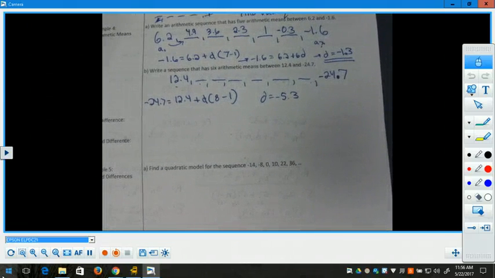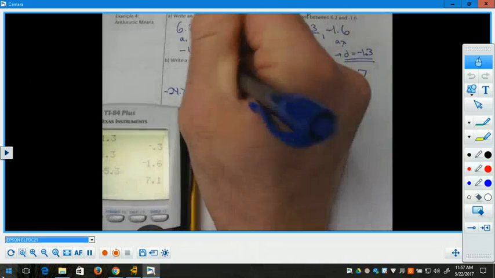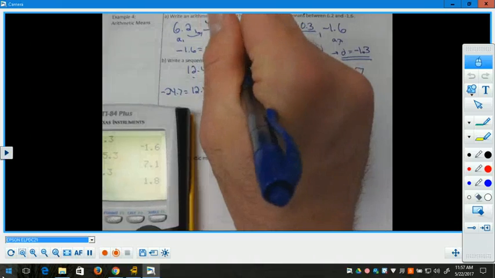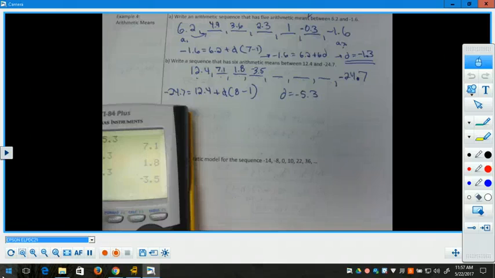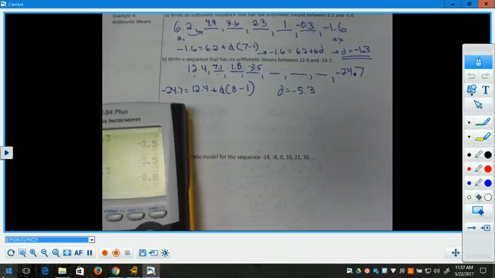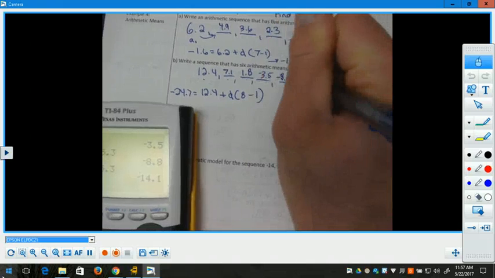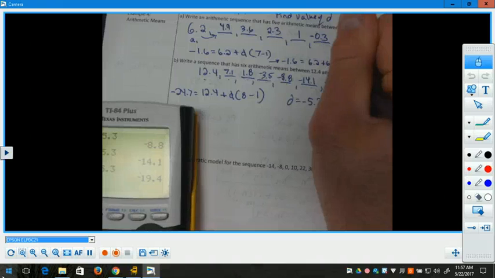Following this pattern, 12.4 minus 5.3 would give you 7.1, minus 5.3 gives us 1.8, minus 5.3, negative 3.5, minus 5.3, negative 8.8, negative 14.1, and negative 19.4, but don't stop there.